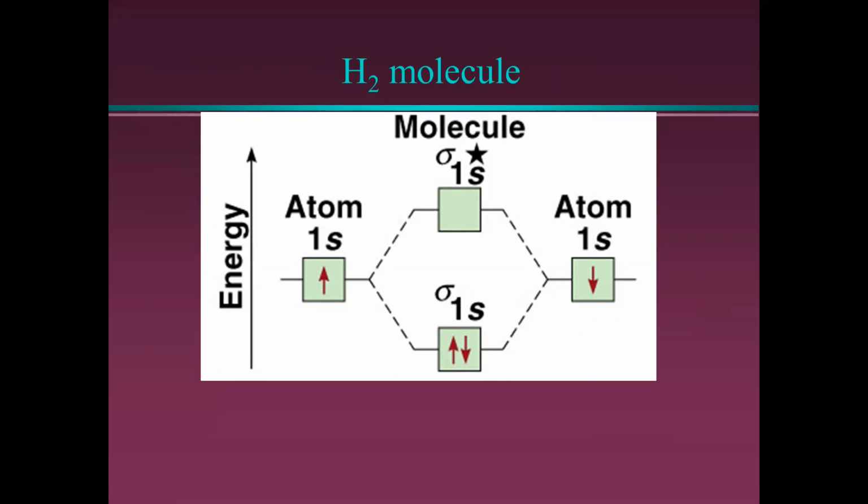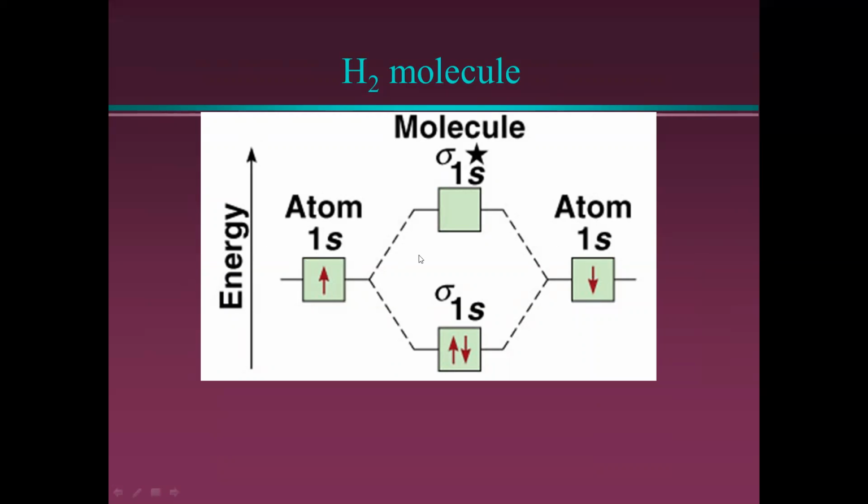So let's take the hydrogen molecule as an example. We learned a hydrogen atom has 1 electron, first filled in the 1s orbital, and another hydrogen atom also has 1 electron filled into the 1s atomic orbital. This is the atomic orbital, these two.